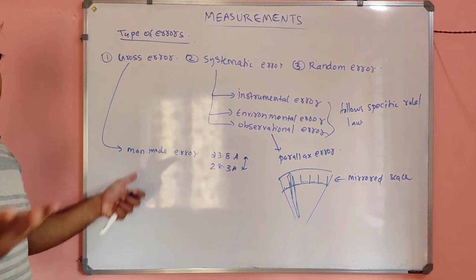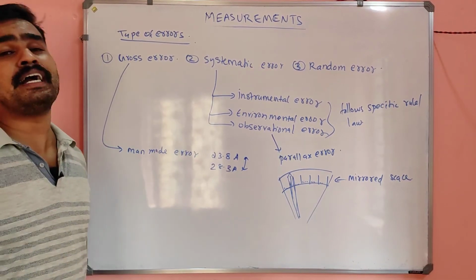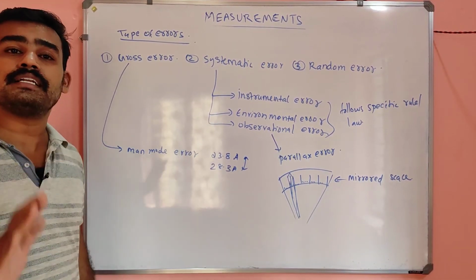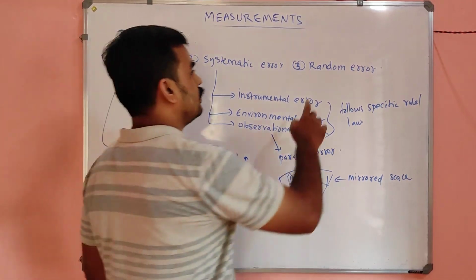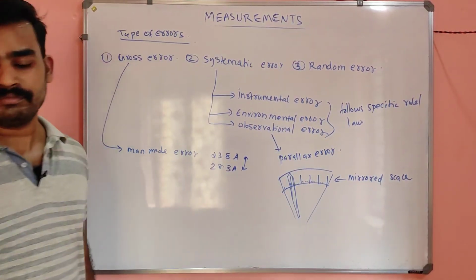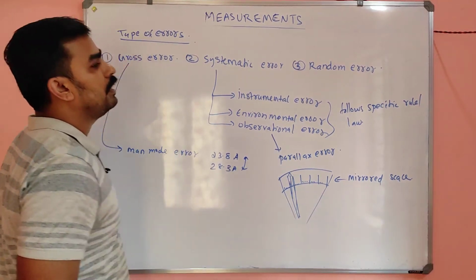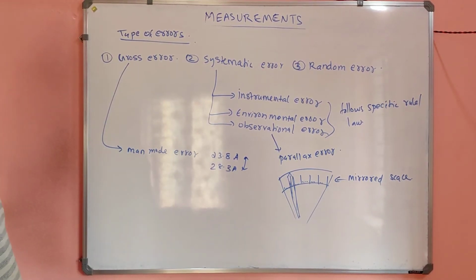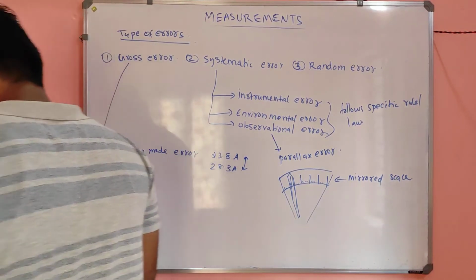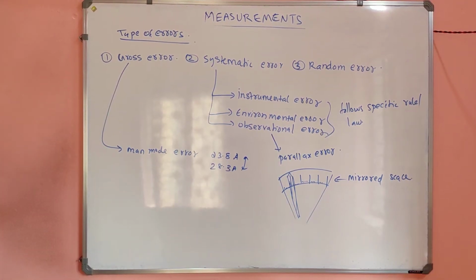This error is not classified, not identified, but we know that there is some error. That error, the unknown error in the measurement, is called the random error, my dears. So these are the types of errors.